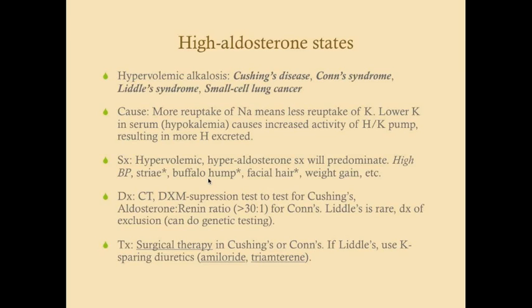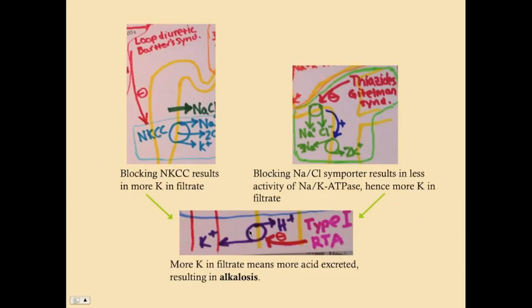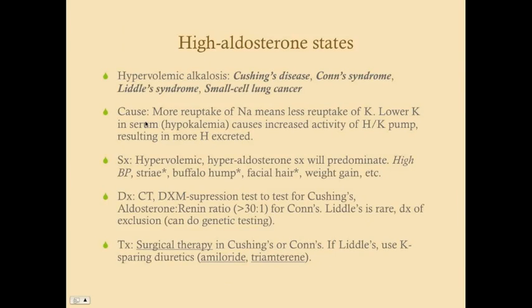So these patients, again, are going to present with symptoms that are due to their underlying cause. So look for hypervolemia, look for possibly symptoms due to their hypercortisol state. So if you have Cushing's disease, you may see striae, buffalo hump, facial hair, high blood pressure, weight gain.